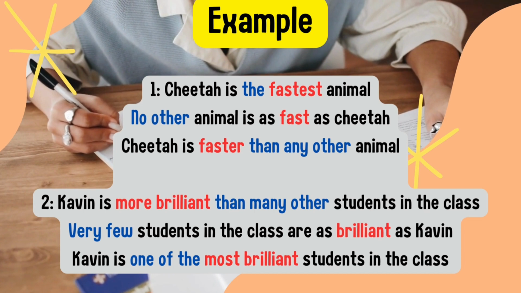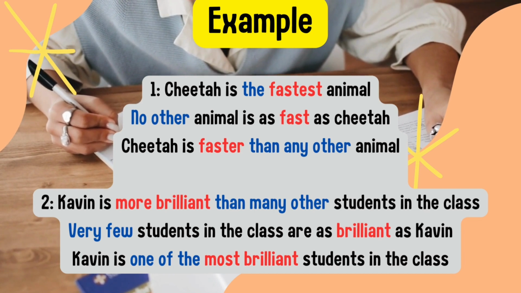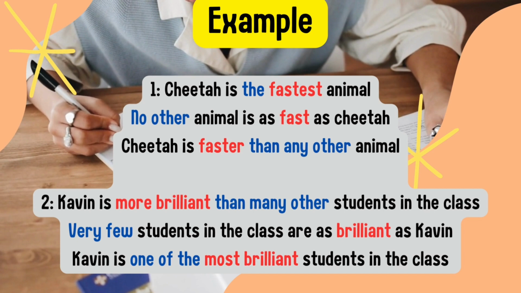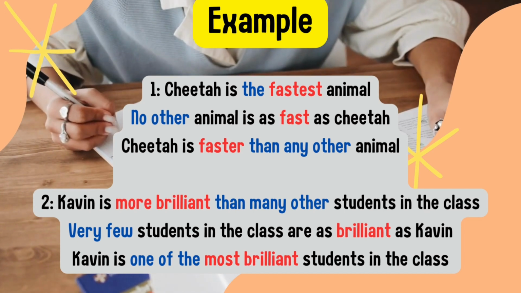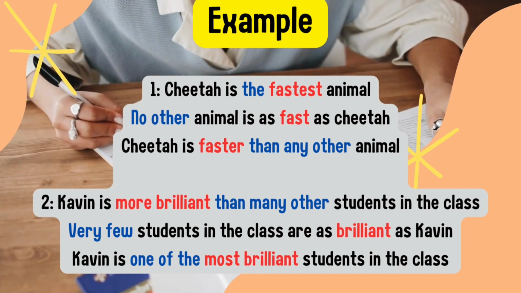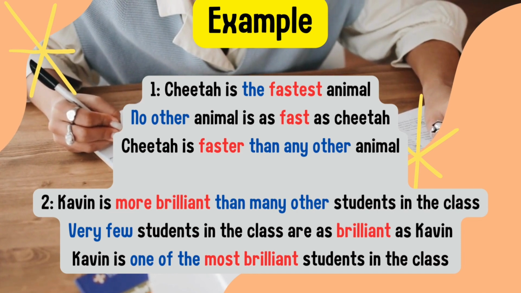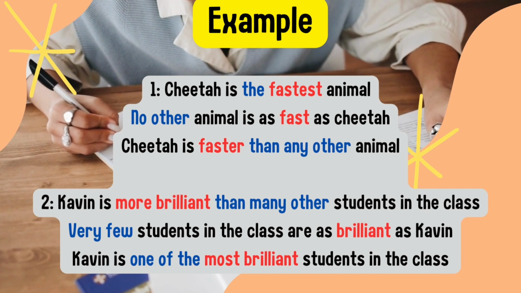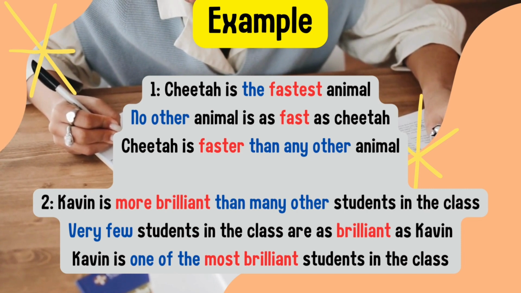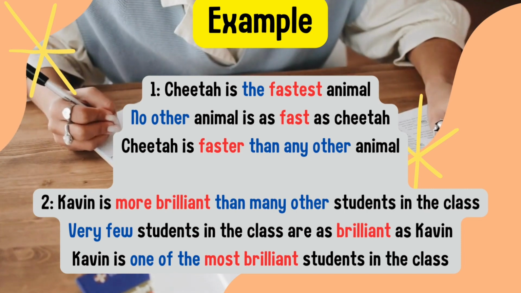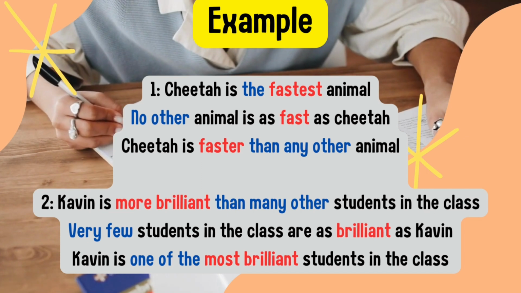Students in the class at first, Kavin at last. Next the helping verb: here we have a plural subject, so we need to write are. Next we have more brilliant, positive form is brilliant. As brilliant as, first noun Kavin. Very few students in the class are as brilliant as Kavin.